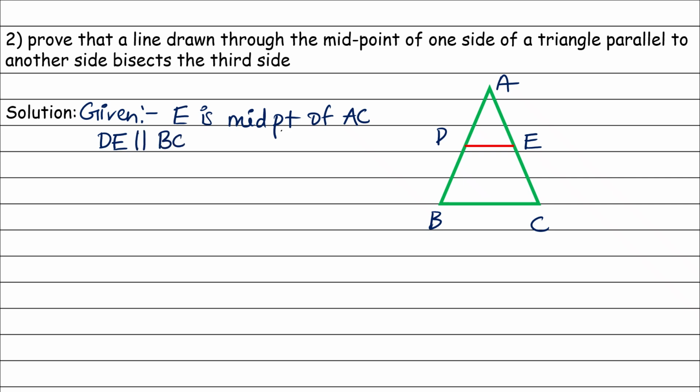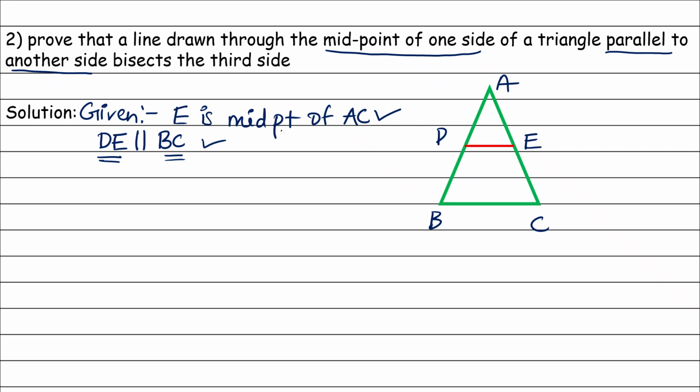So a line is drawn through the midpoint of one side, that is E is the midpoint of AC, parallel to another side, here the line DE is parallel to BC. Bisects the third side is what we need to prove.